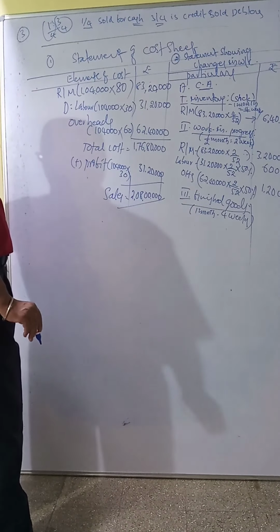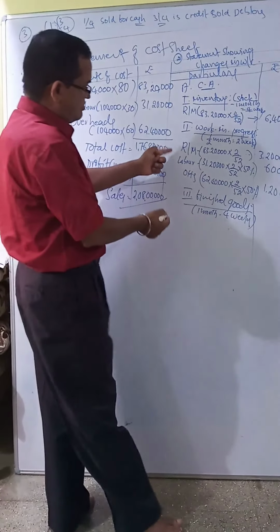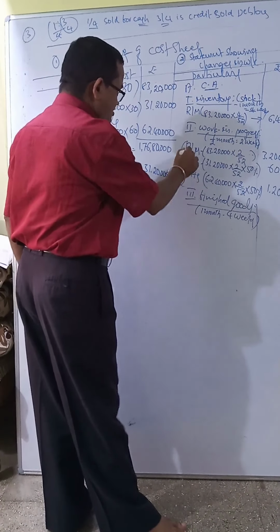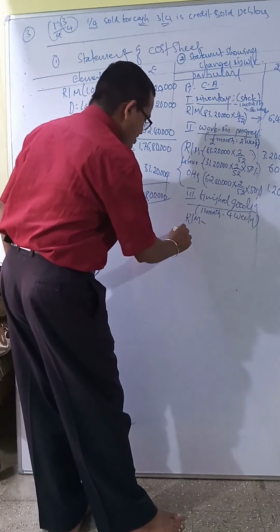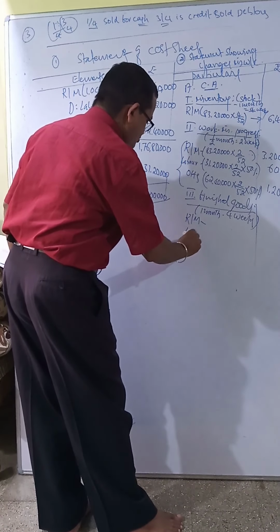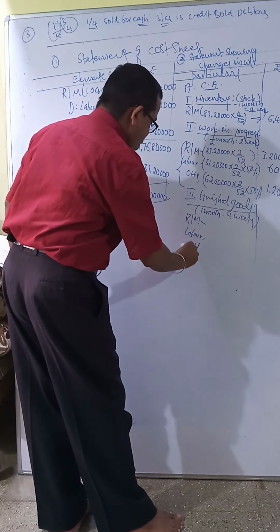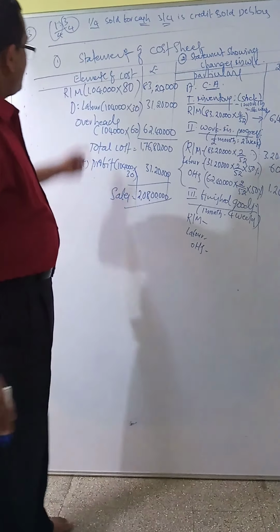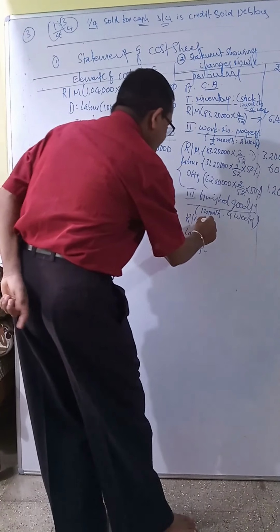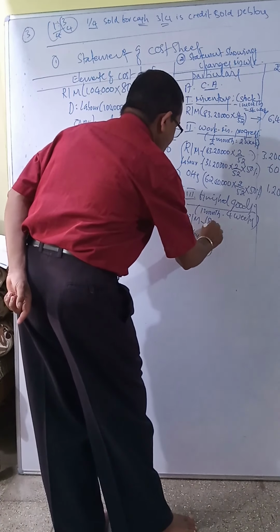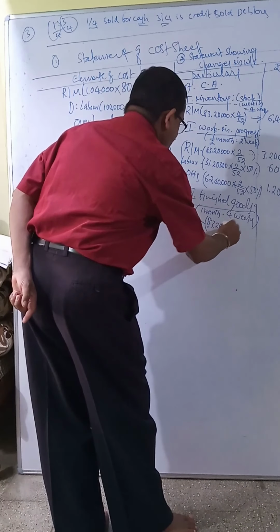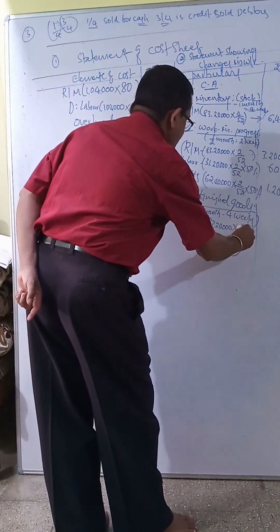After that you have to take raw material again, required for finished goods. Then labor is required, then overheads is required. Raw material is the same, 83 lakh 20,000 into 4 by 52, out of 52 weeks, 4.